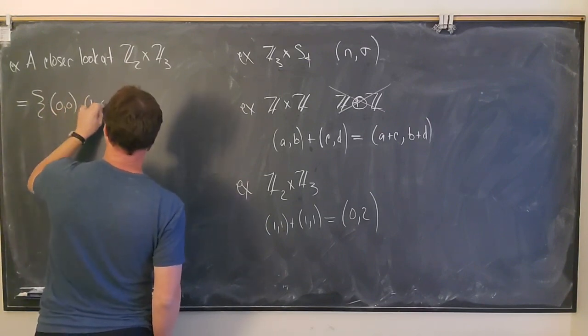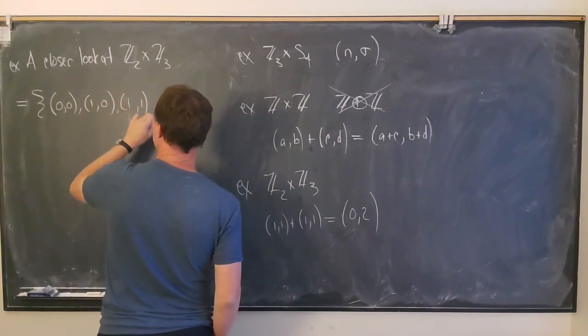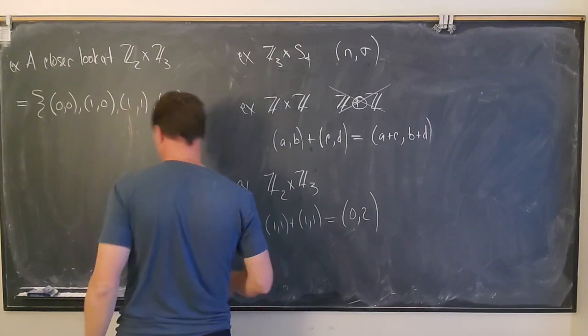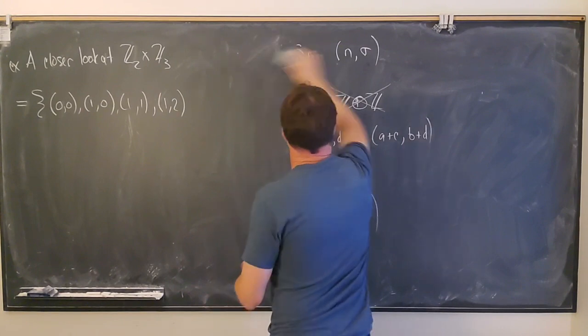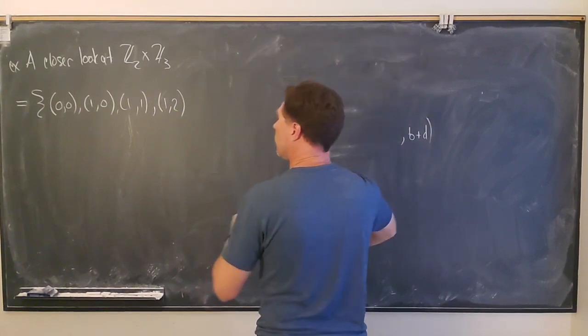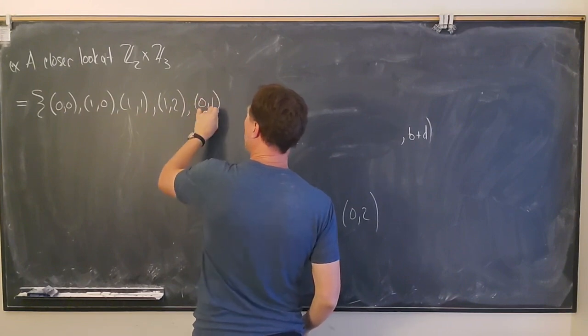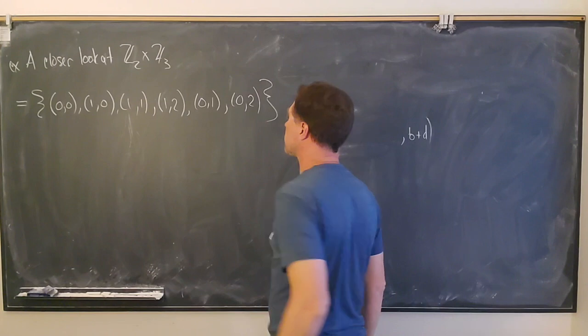And then there's (1, 0), (1, 1), and (1, 2). There's 6 elements here. So who else is there? There is (0, 1) and (0, 2). All right, I got all 6.